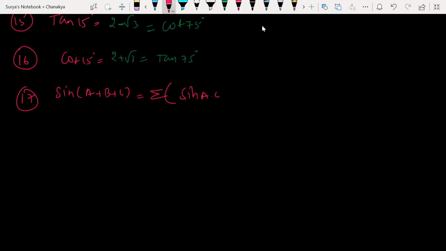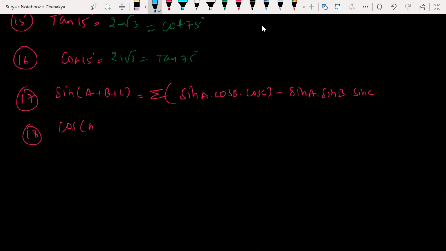Okay. Sin A into cos B into cos C minus sin A sin B sin C. Very simple. Next, the 18th formula. Earlier I had only sin of A plus B, and I'm adding one more angle here, so it is a triple angle.